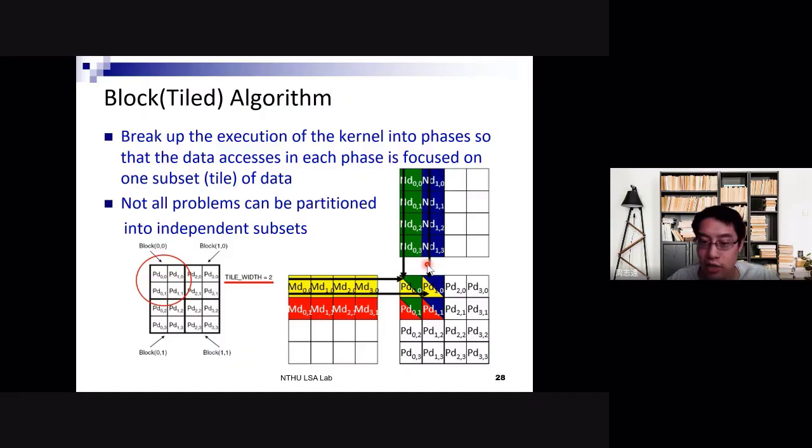Okay. All right. So it's a general concept, and you have to adjust according to your computation to know exactly what's the region or what's the partition that needs to be loaded from every input variable. Okay, but the goal is to reduce the amount of data we require for computation, right? Because before we needed to load the whole matrix, but as you can see here, we only need to load 2 rows or 2 columns from each matrix. And we can reduce the tile width to reduce the amount of data that we need to load.